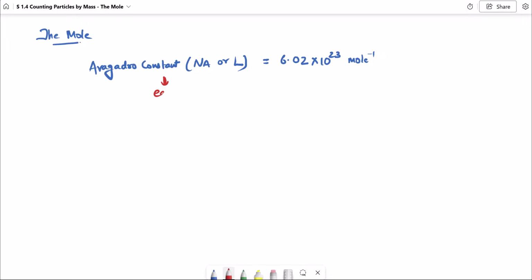This is equivalent to the relative atomic mass, and it is also equivalent to the relative molecular mass.